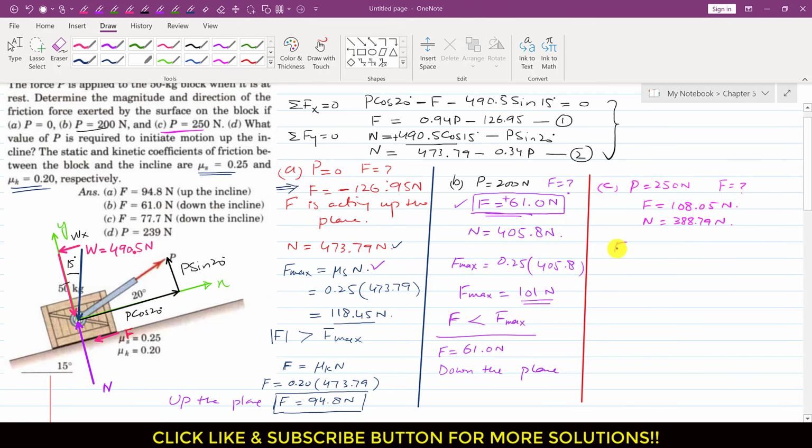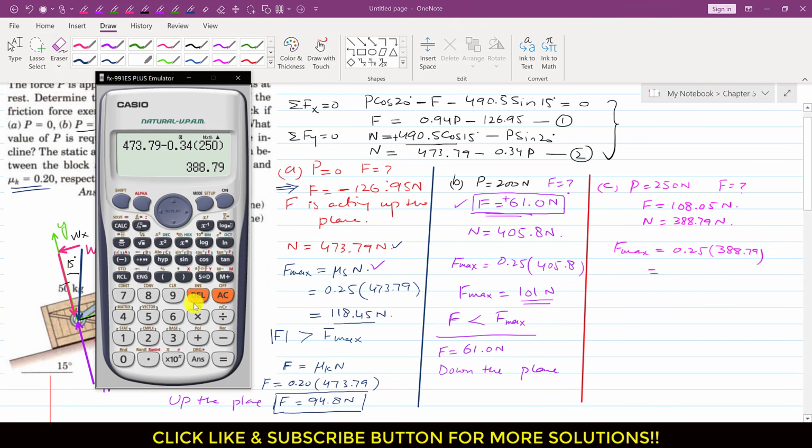We can find F max again. So F max is again 0.25 into this N. So this is 0.25 into the answer. So this gives us 97.19, right?